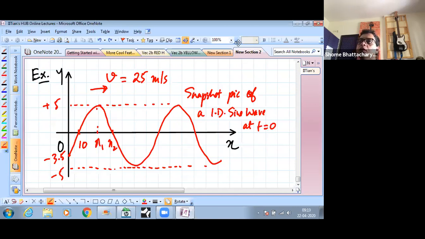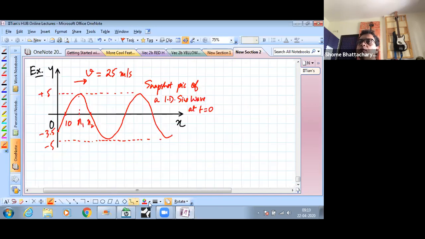Now from this information, we have to find out a lot of things. We have to find out amplitude, wavelength, frequency, most standard things.